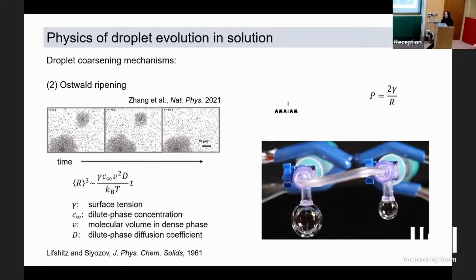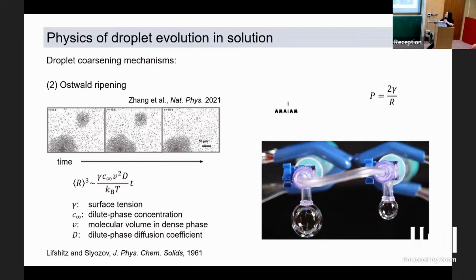The difference is that the prefactor is different. This is because of the pressure difference, and the pressure difference is because of the surface tension, so you can see the surface tension is definitely controlling the speed.